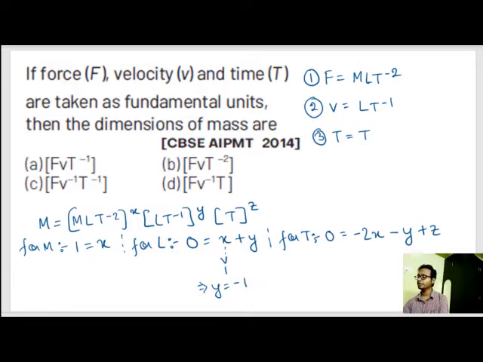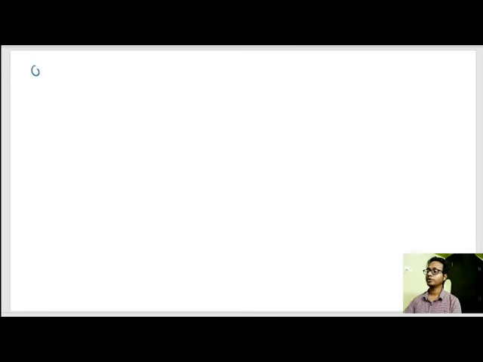Now if we substitute x equals 1 and y equals minus 1, let's do it on the second page. 0 is equal to minus 2x minus y plus z. X was substituted by 1, y was substituted by minus 1, and we find out the value of z.